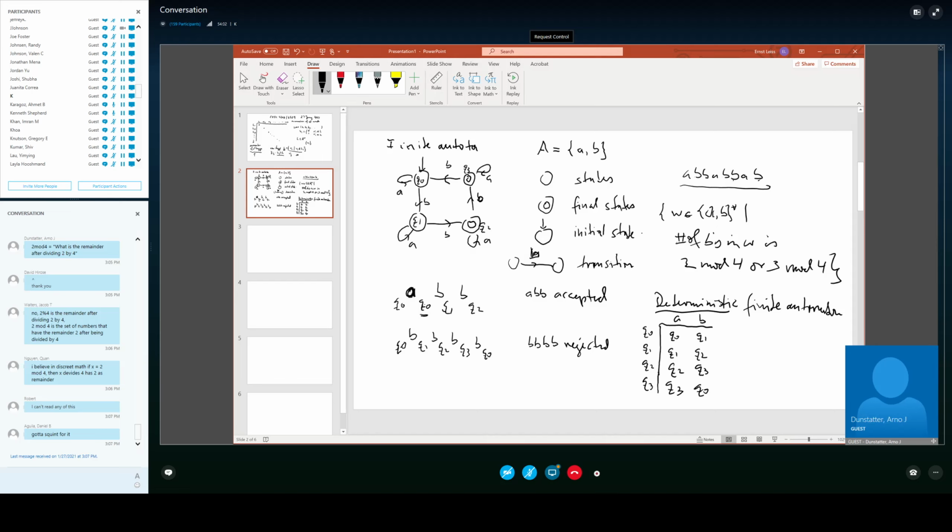Each entry in this table here: Q0 has 2 entries, one for A and one for B. Q1, 2 letters, 2 entries. Q2, 2 entries, 2 letters, and so on. Each of those entries has to contain exactly one state. If that is the case, then the automaton is called a deterministic finite automaton.